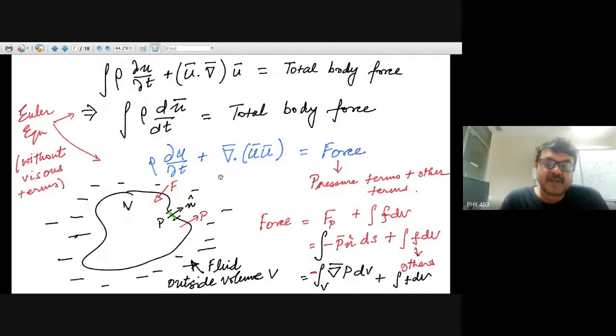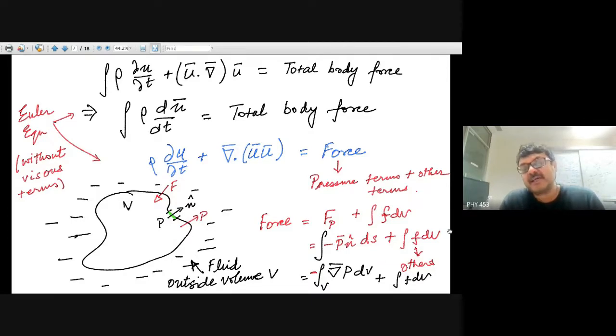This fluid is giving a pressure in this direction to this element, which is opposite to the surface area vector, since n is pointing outwards. The force due to pressure of the remaining fluid is acting inwards, and hence you have the total force equal to minus p n dS, with a minus sign because it's acting inwards. And you can integrate over the entire surface area to get the total force due to the pressure.